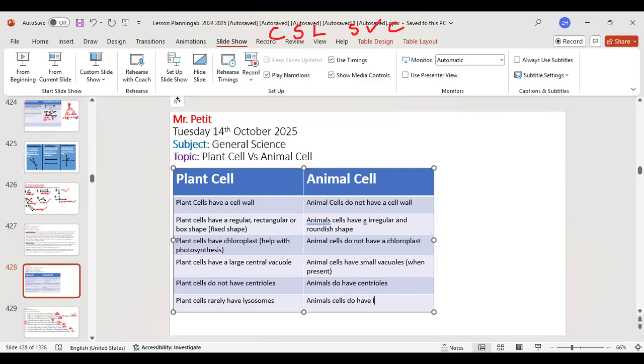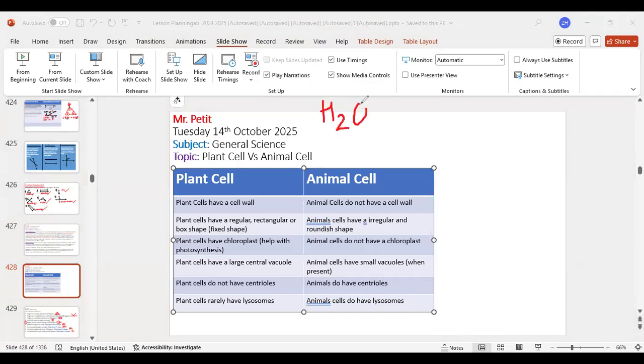do have lysosomes. Lysosomes are the structure that helps to break down hydrogen peroxide. Now, hydrogen peroxide, anyone know? You probably might not know, so I can't even ask it. But hydrogen peroxide is H2O2. You could break down hydrogen peroxide into water as H2O and oxygen. And that is the job of the lysosomes.